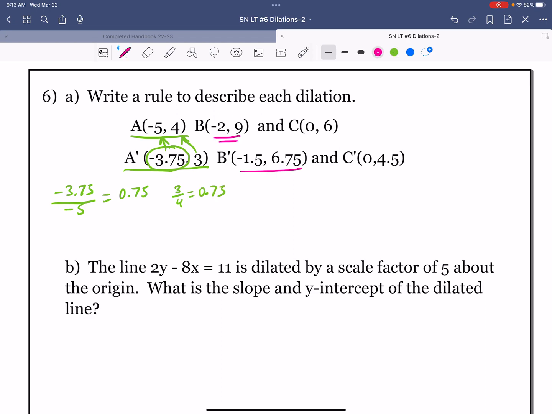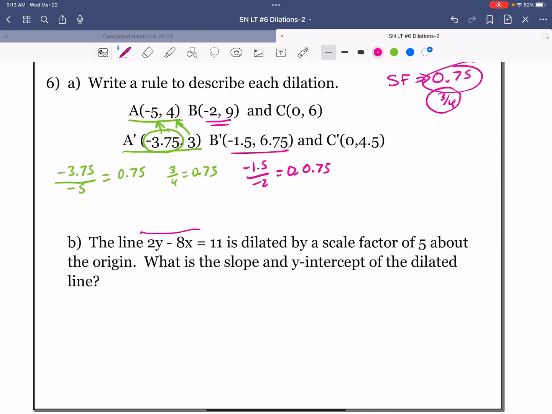Then over here, negative 1.5 divided by negative 2 is 0.75. So all of this is telling us that the dilation has a scale factor of 0.75 or 3/4. And that's how you get it. You just divide your primes by your originals.